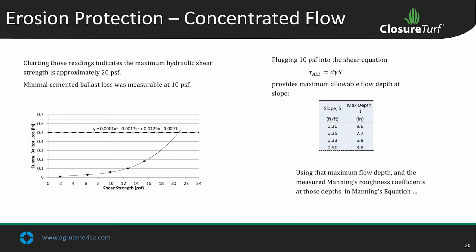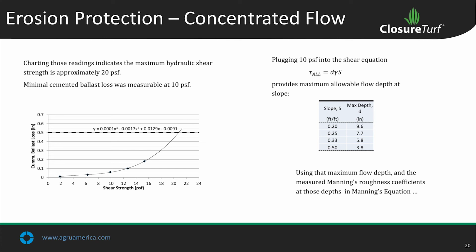Under the shear level 5, max bed shear stress got up to 15.3 TSF, with only a cumulative loss of sand ballast of 0.118 inches.